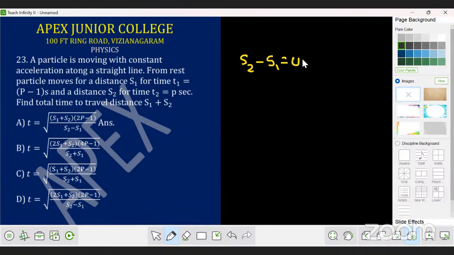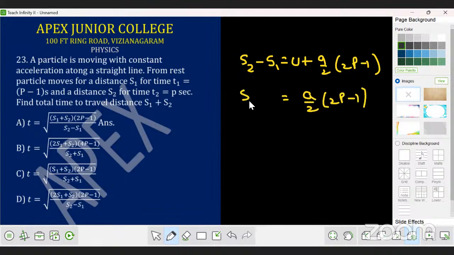Then it will be u plus a by 2 into 2p minus 1. Of course, u is 0. That will be a by 2 into 2p minus 1. Then what is a? 2 into S2 minus S1 by 2p minus 1.